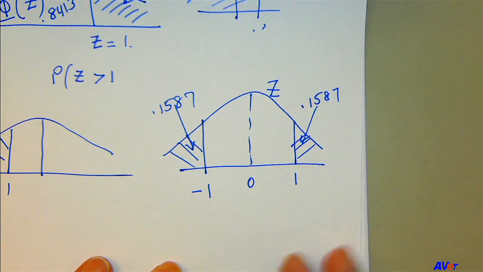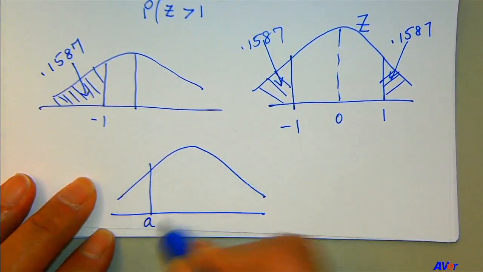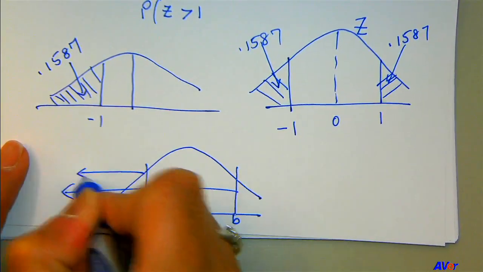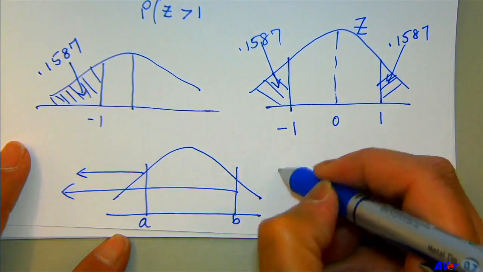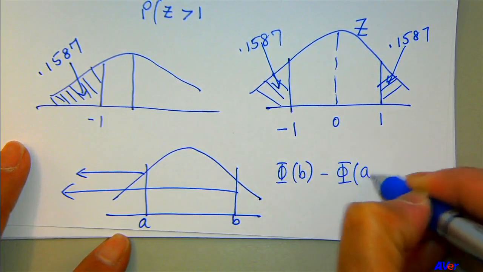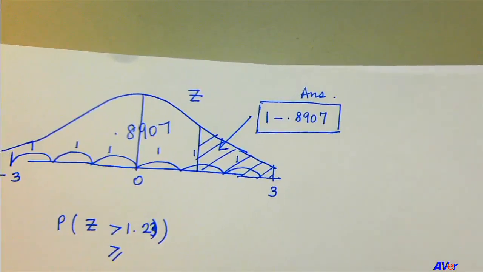And then the other thing we mentioned the other day was that if you're looking for the area between A and B, then this would be phi of B minus phi of A. Phi meaning table lookup. Phi of B minus phi of A. So if I want the area between minus 1 and 2, can you find it for me right now, please?